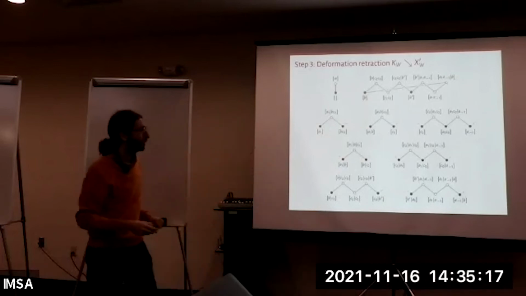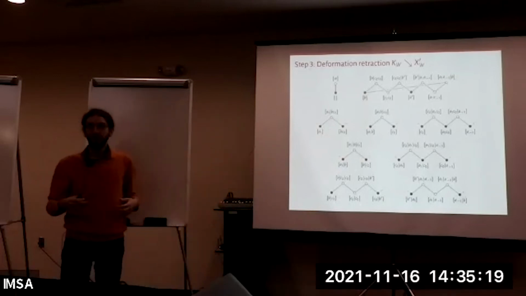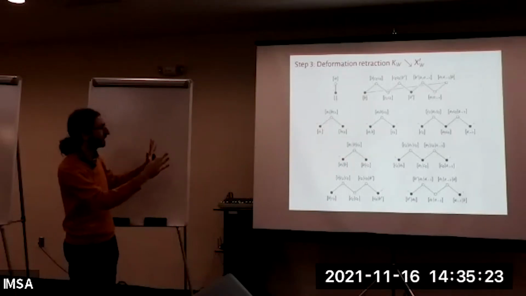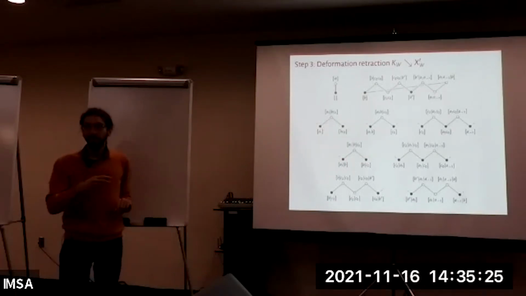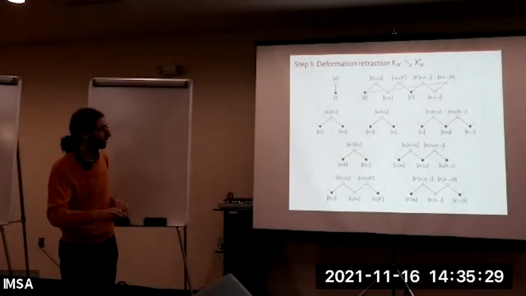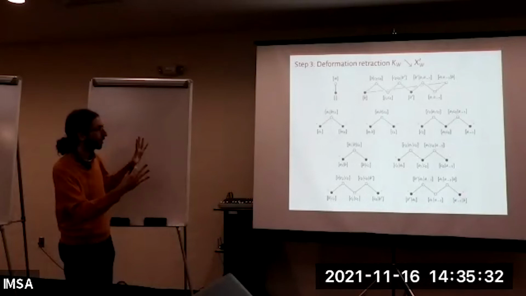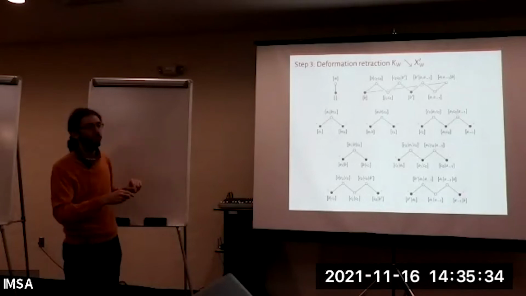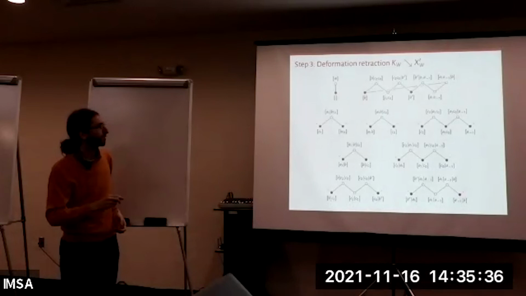This picture also contains an intermediate step where we end up with a finite part of KW, all the simplices shown here, which we need to collapse a bit further because we want just the black dots essentially.